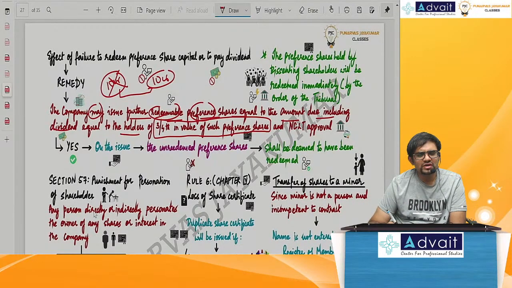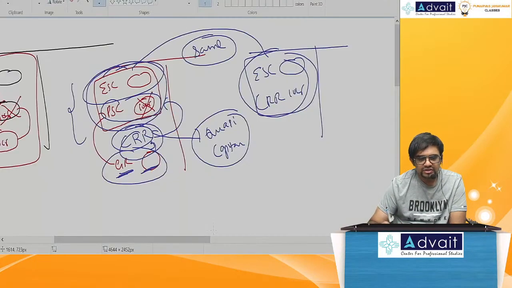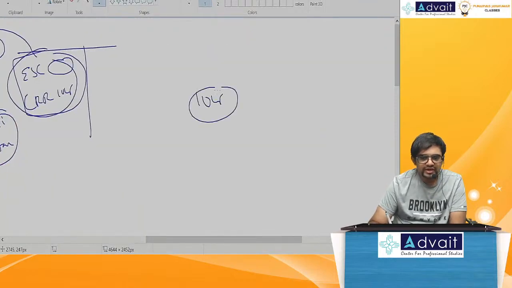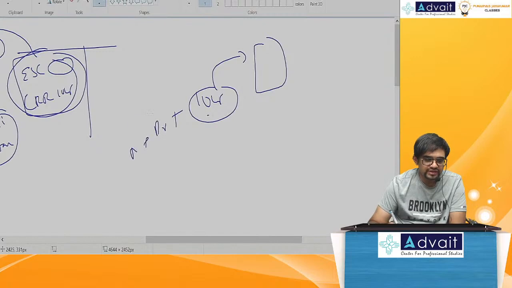The 1/4 who have not agreed are called dissenting shareholders. So basically, if 10 crore is not redeemed, I have to redeem the full 10 crore, or I can request the preference shareholders, look boss, can I reissue this, adding dividend plus interest, everything added?